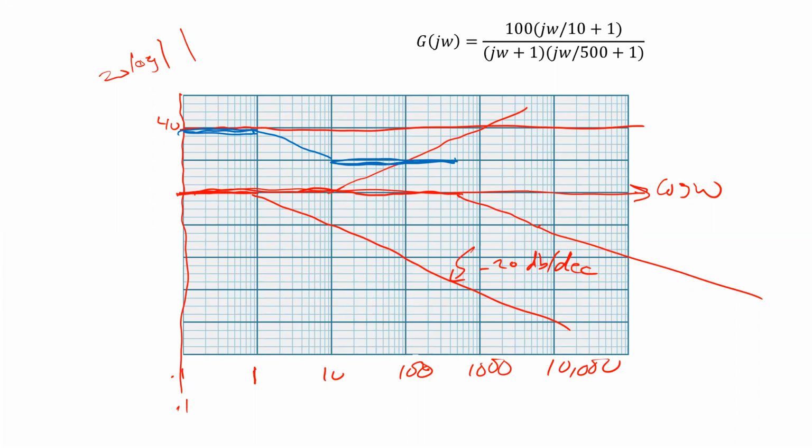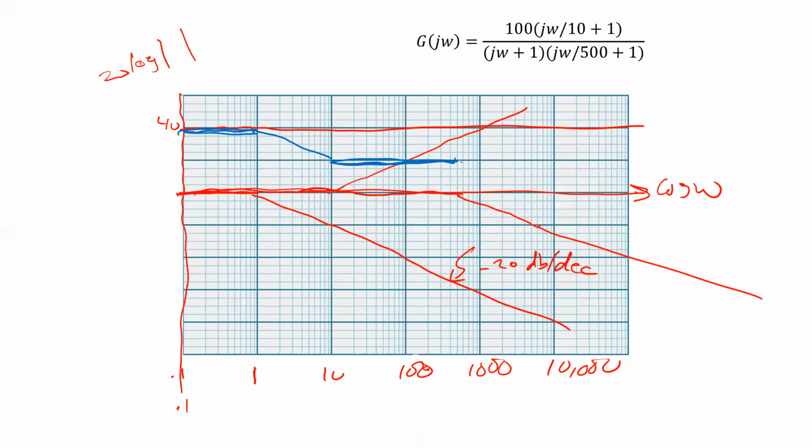Then after 500, what is the overall slope of the system? 20 dB per decade. Exactly, look, minus 20. Because I have minus 20 and then plus 20, that cancel becomes 0.